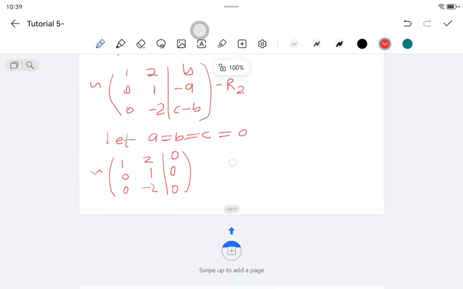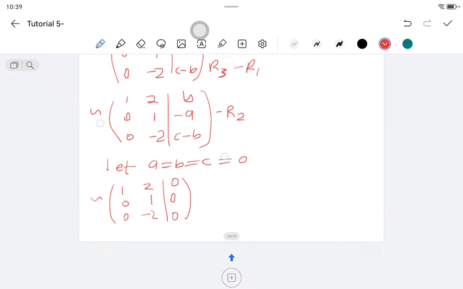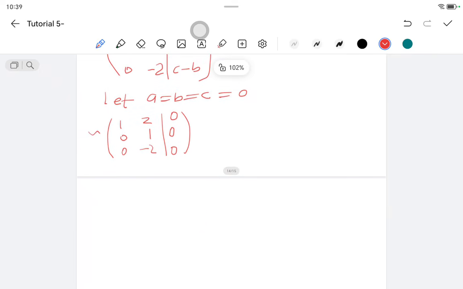And then we're going to have that this is alpha, this is beta. So we can even change this to a 0, because we want to change this to a reduced row echelon form. This will be 0, 1, 0, 0 minus 2, 0. So this would be row 1 minus 2 row 2.